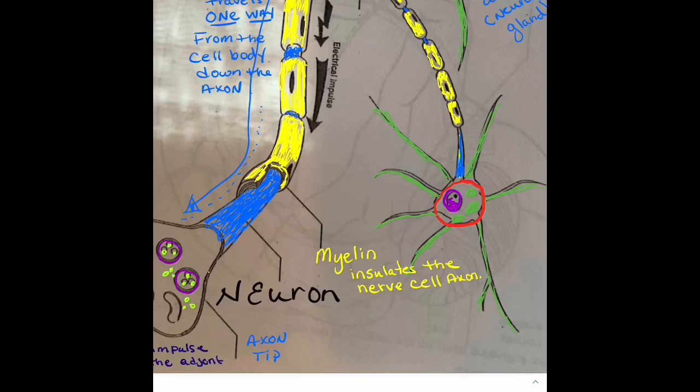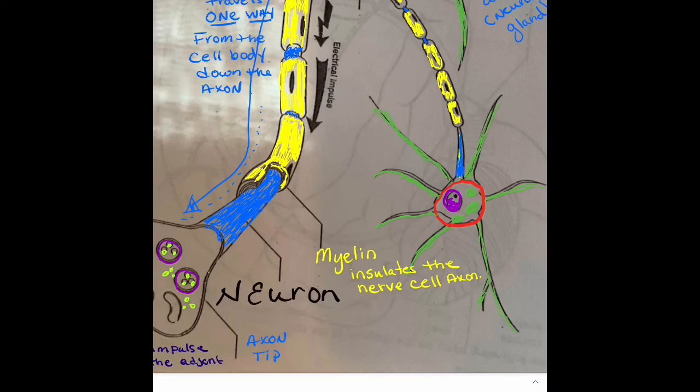And also what it does is that it increases the speed of the impulse. By that, what I mean is that the electrical signal goes faster. So the more myelin sheath you have, the faster the impulse goes, the faster the electrical signal goes.